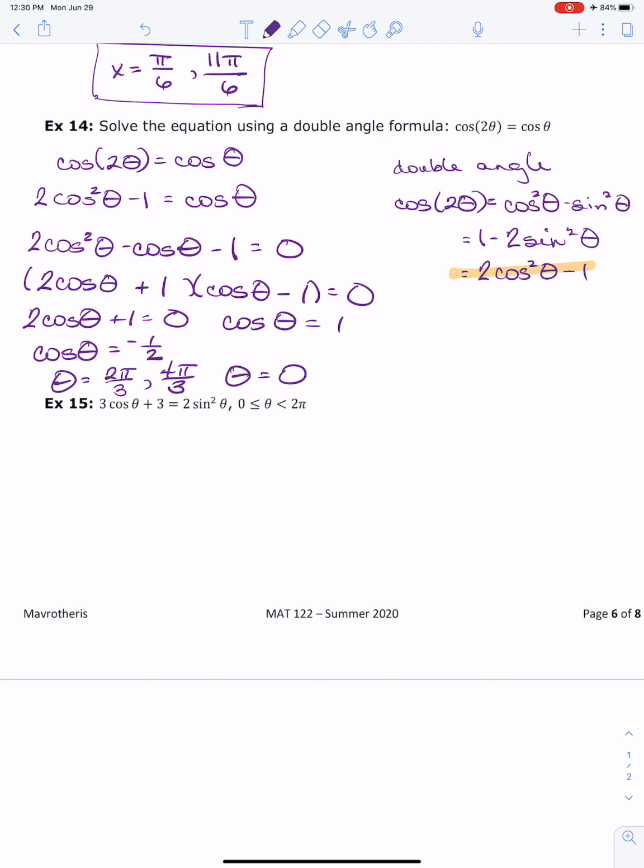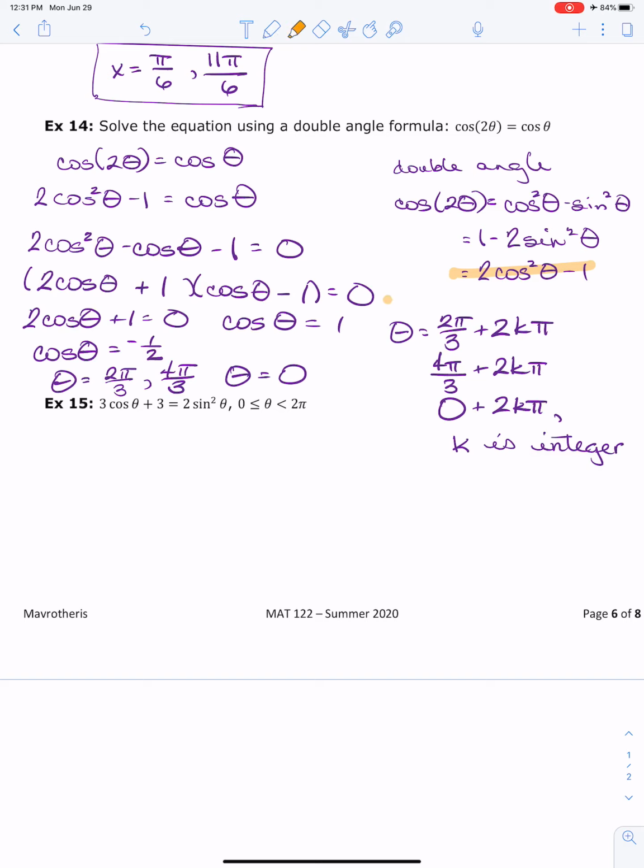I'm going back up to look at my problem statement. It just says solve the equation using a double angle formula. This is not limiting me to the unit circle. So this time my theta looks like 2 pi over 3 plus 2k pi, 4 pi over 3 plus 2k pi, or 0 plus 2k pi, which we really could write just as 2k pi, and we need in here that k is an integer.